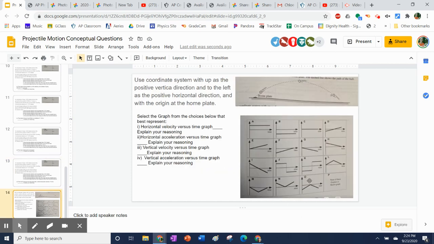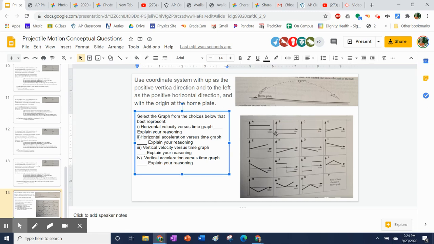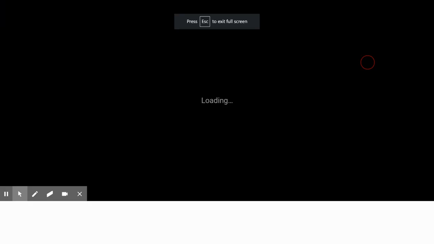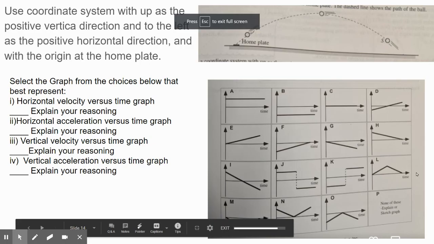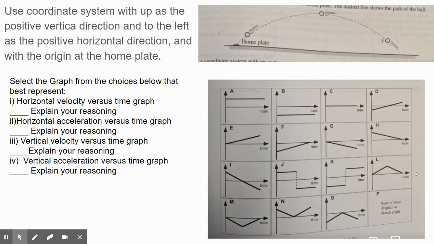All right, this one's kind of fun. All right, so this one is a little bit tricky because you are going to look at these graphs and you are going to pick which one it is. So each one, 1, 2, 3, and 4, all have different graphs.